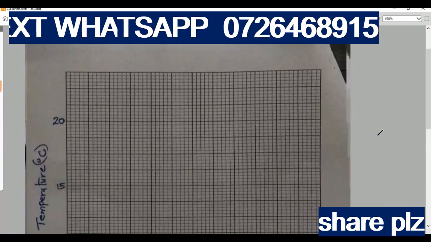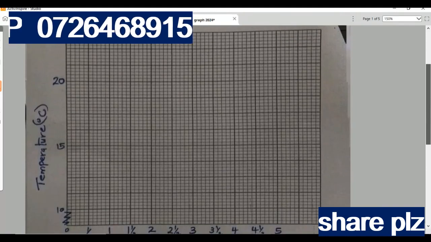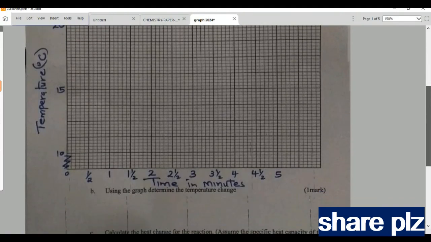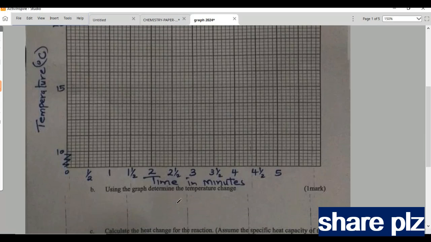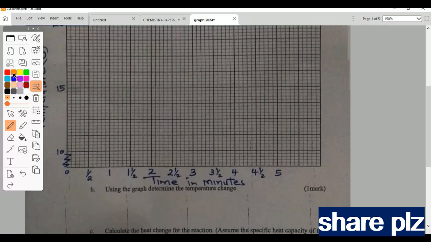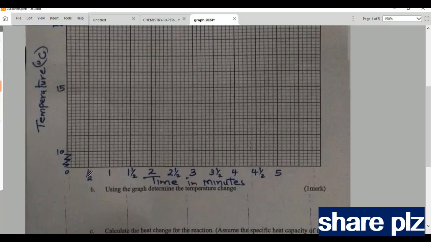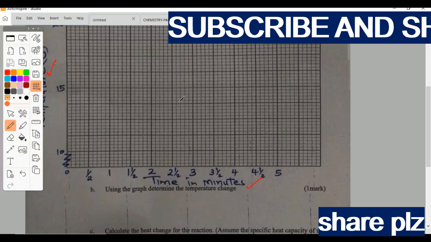We will have temperature against time, and then you write the time. I've started at 0, and then I have one like that. So this is what is marked: that you have labeled the X and Y axes. That is labeling.